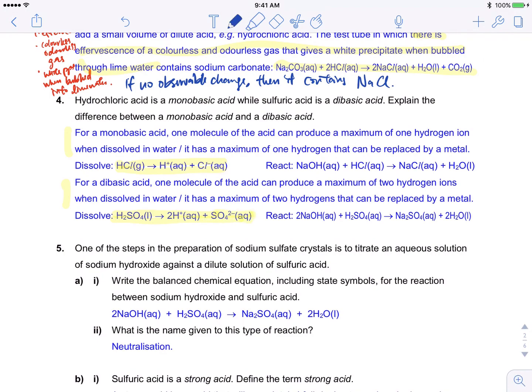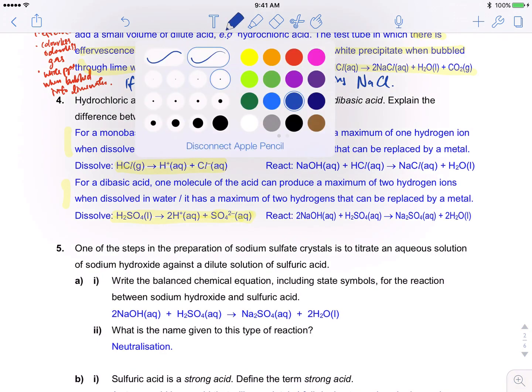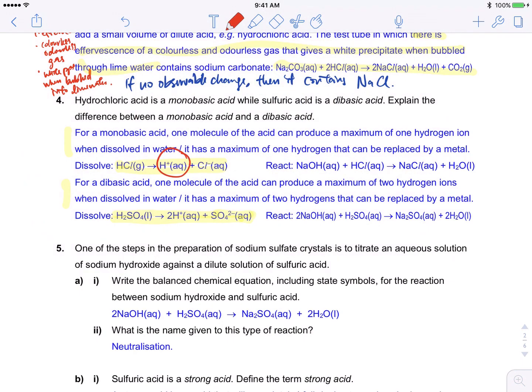With the equations, we can tell with one look what's basicity. Here, 1 HCl gives me 1 H plus. Here, 1 H2SO4 gives me 2 H plus, which is actually the definition, right?